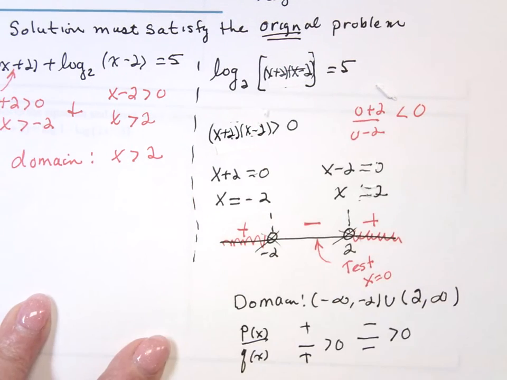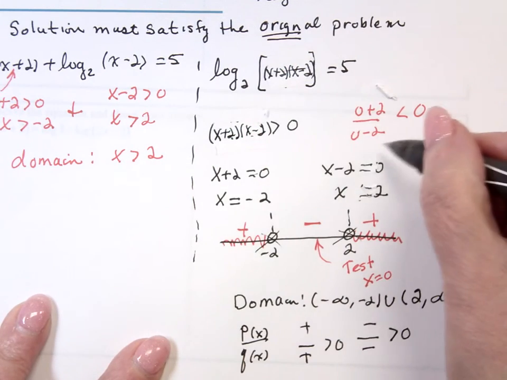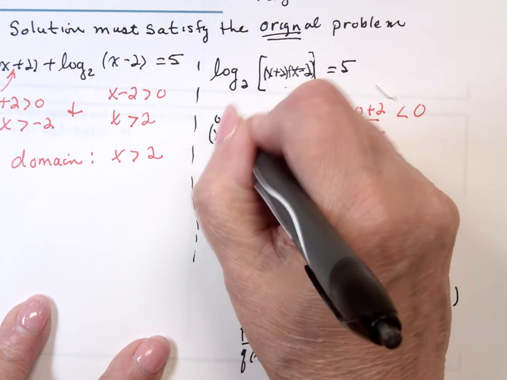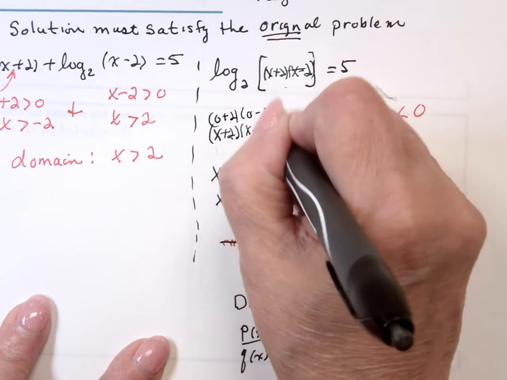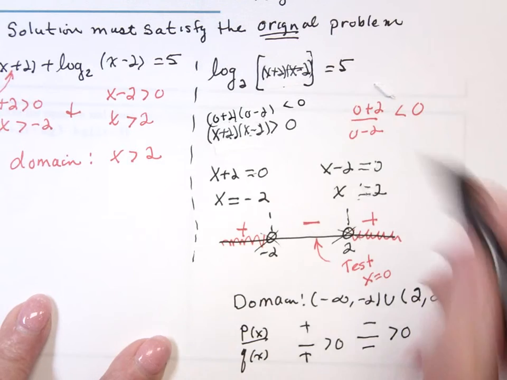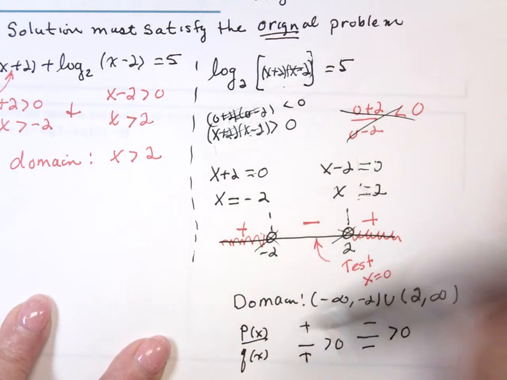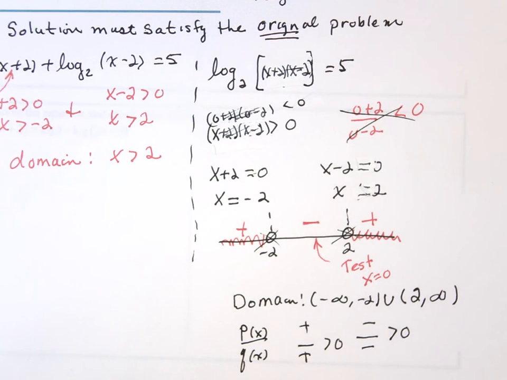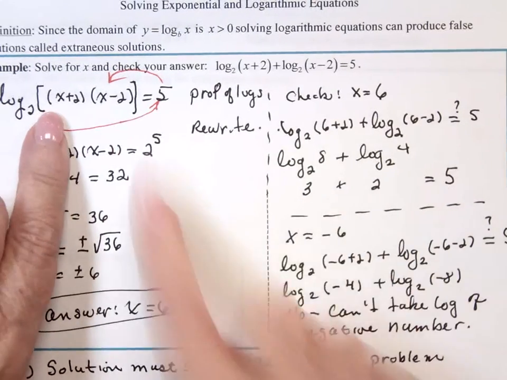Okay, so if I check out 0, this would be 0 plus 2 times 0 minus 2, and it still would be negative. But that's the problem. When I bring them together using the properties of logarithms, I change the domain of the problem, the solution set, which is why you need to check your answers. By the way, the only thing I normally do is I take my answer, like I got here, 6.